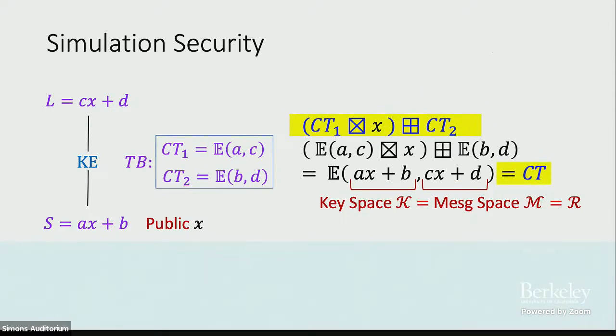But for now, let's pretend that everything is fine. The key space and the message space is just my underlying ring R. Then how do I see security? Well, security is basically, I want to simulate using the output label L, and I claim that the input is public. What do I want to simulate?